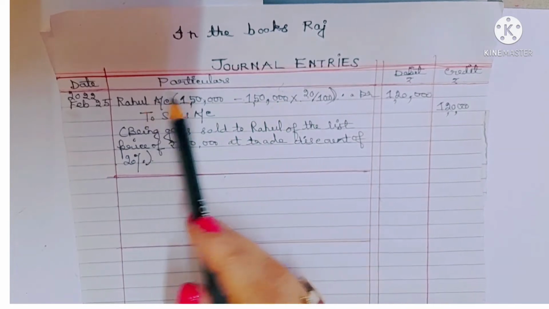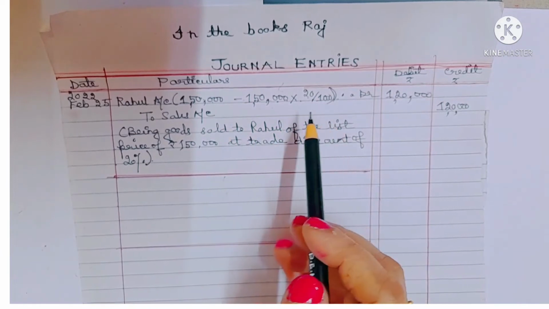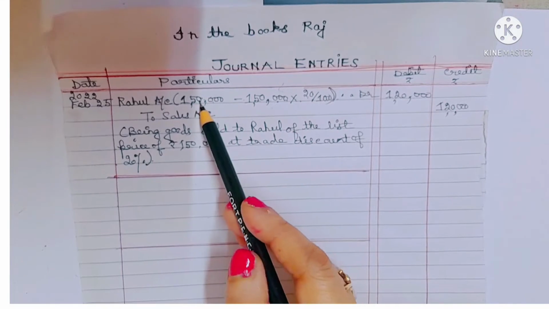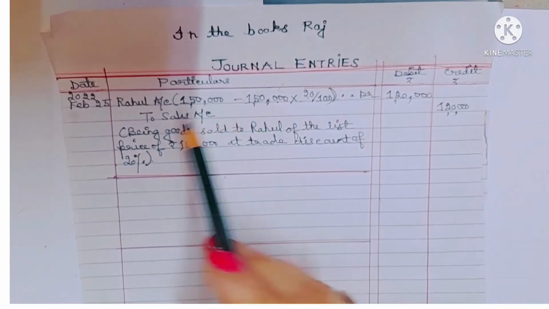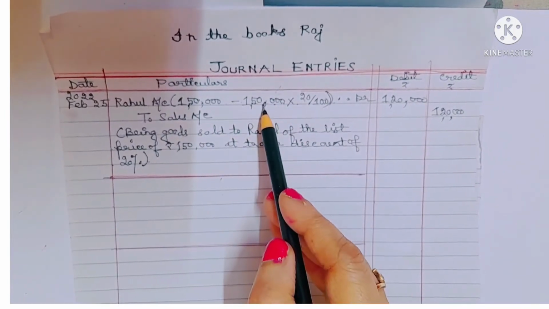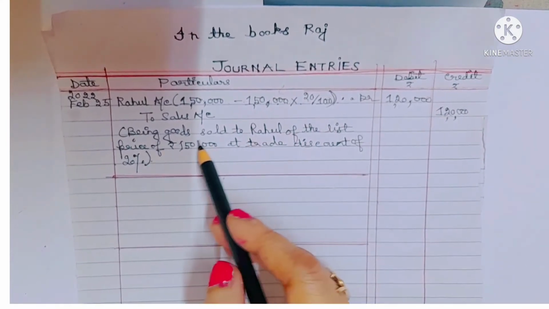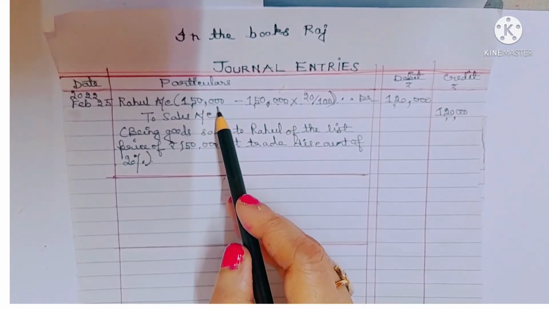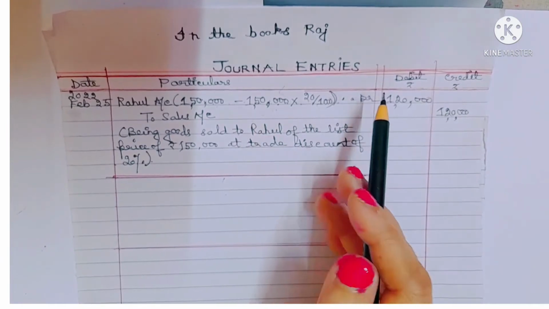Sales or purchases are always recorded in the books of the buyer or seller as net price. So 1,50,000 minus 30,000 comes to 1,20,000. So goods are sold to Rahul at 1,20,000 and not 1,50,000 because he has received 20% trade discount. Fine? Easy?